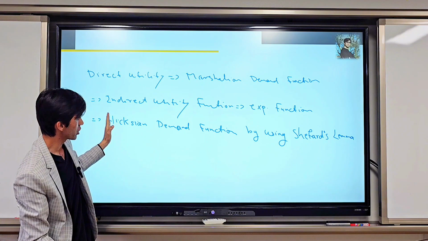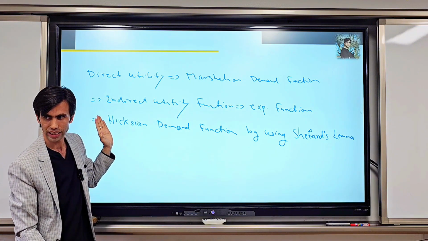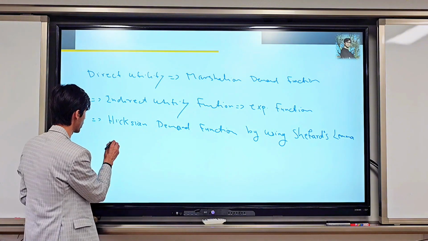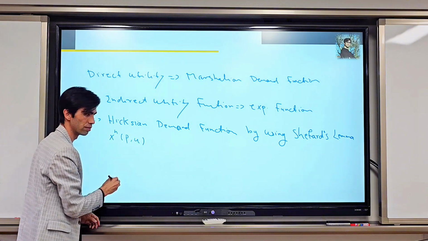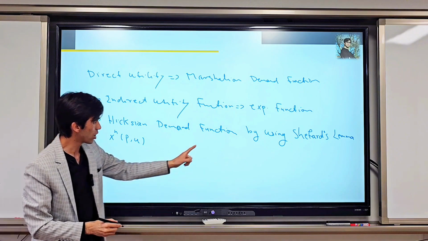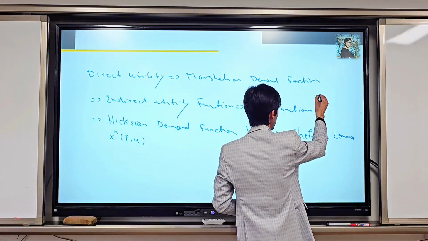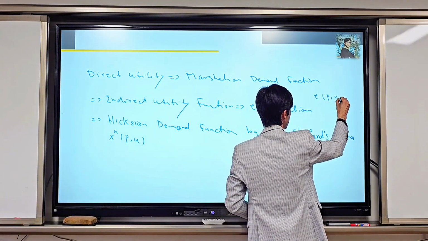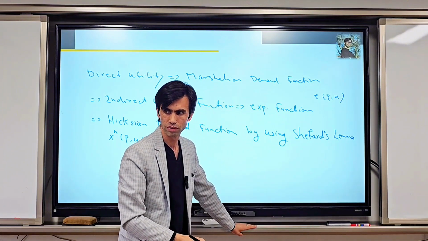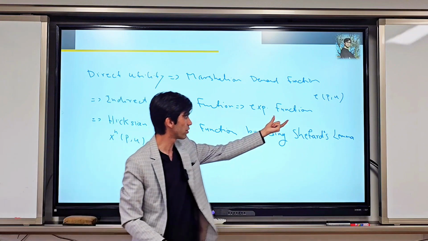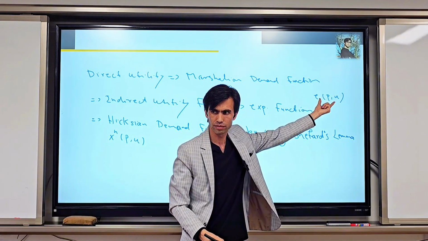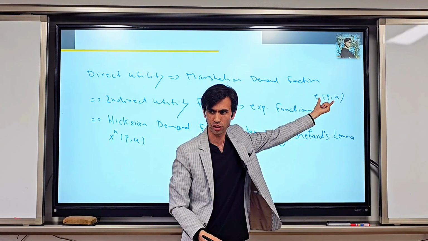Because in the Hicksian demand function, you have x to the power of h as a function of P and U. And also in the expenditure function, you have E as a function of P and U. So if you have this one, you can find this one as well, because both of them are functions of the same thing, P and U.